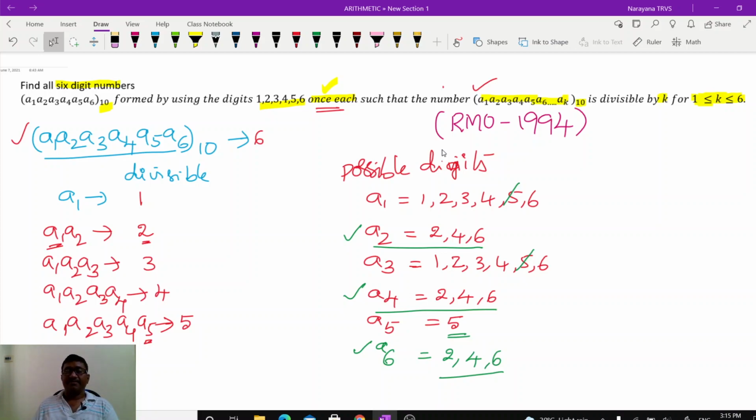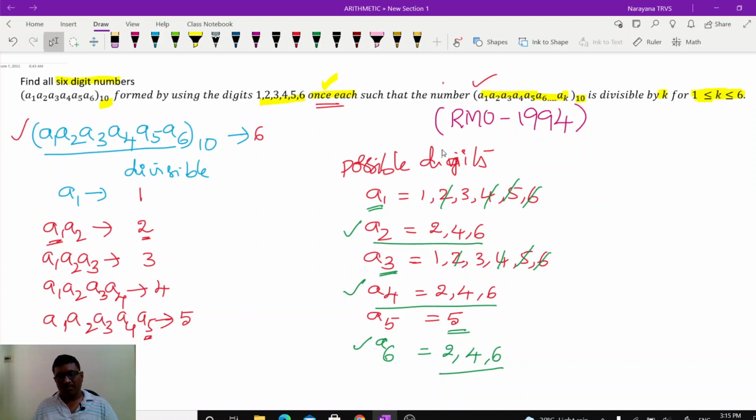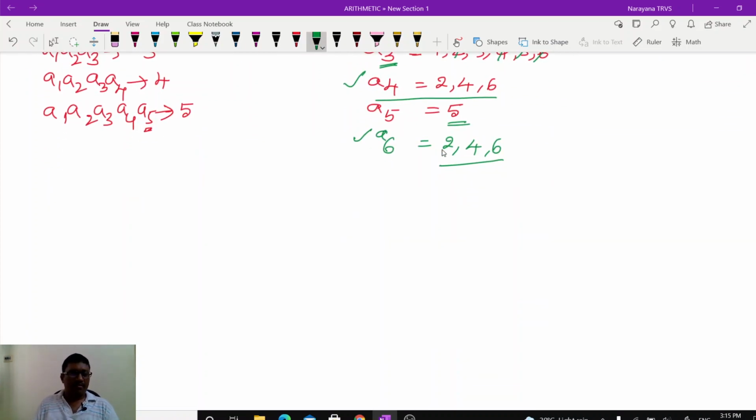So that's why we can cross the 2, 4, 6 for A3, 2, 4, 6 for A1. So we have a case A1 will have 1 and A3 will have 3.